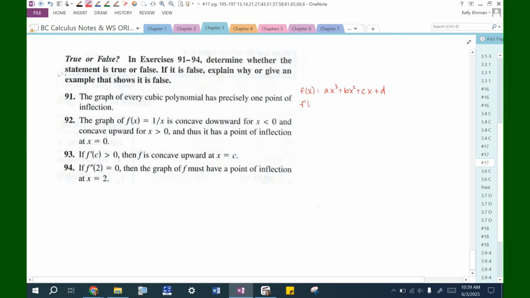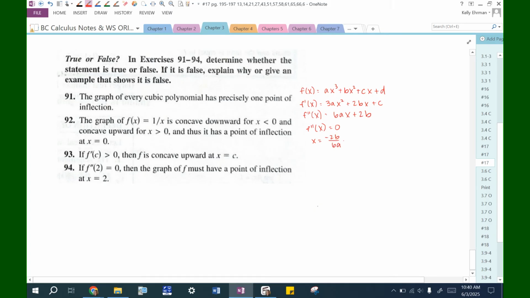So then what would f prime of x be? It would be 3a x squared plus 2bx plus c plus 0. And we're talking about points of inflection, so let's take a look at f double prime. That would be 6ax plus 2b. So f double prime would never be undefined, but it would equal 0 when x equals negative 2b over 6a.